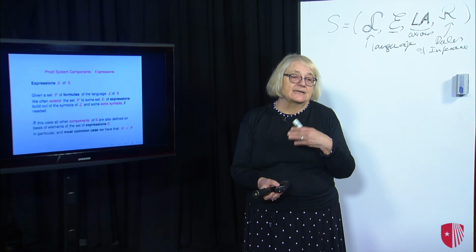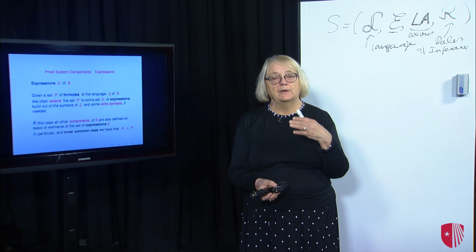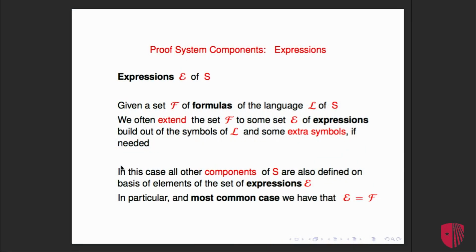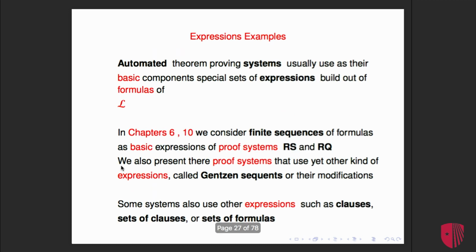Expressions are, as I said, formed from formulas, and for different proof systems we can form different expressions. For example, in automated theorem proving systems, usually we use as the basic components a set of special expressions.